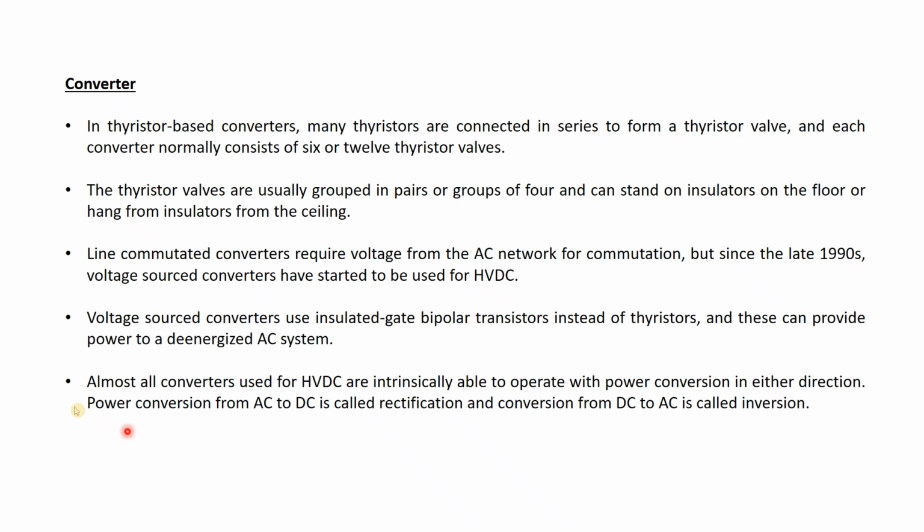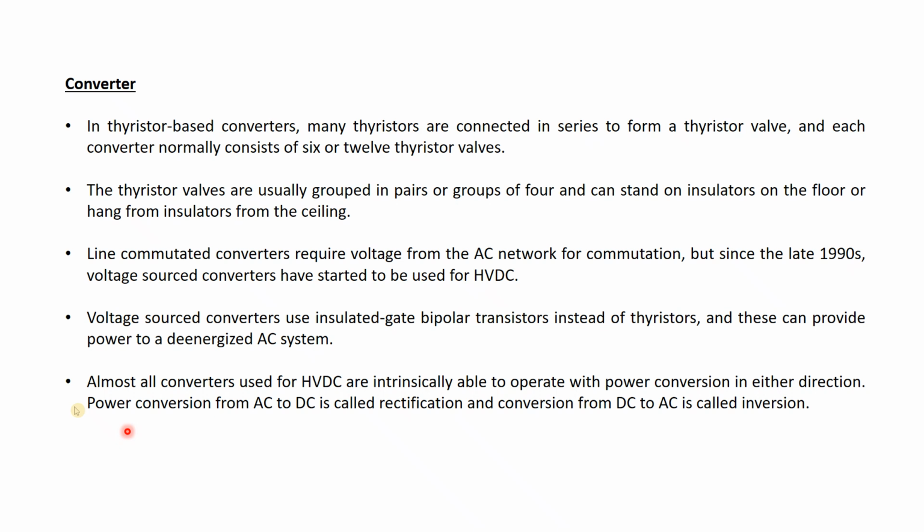These VSCs use insulated gate bipolar transistors instead of thyristors, and they can provide power to de-energized AC systems also. These topics, VSCs and so on, were discussed a little in power electronics, but in this subject also, when we discuss FACTS devices, that is the flexible AC transmission system, we will discuss them in detail.